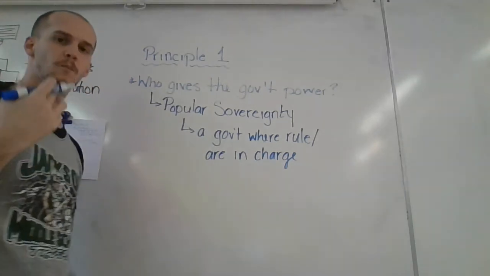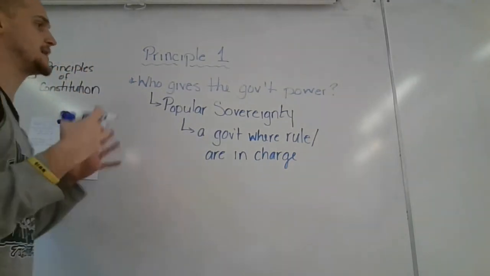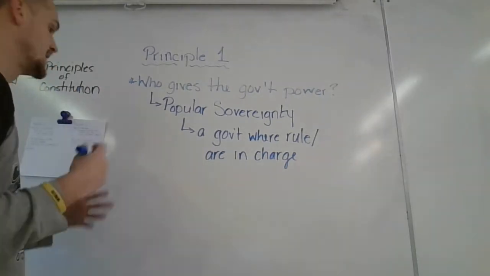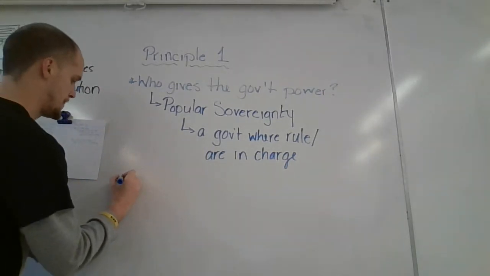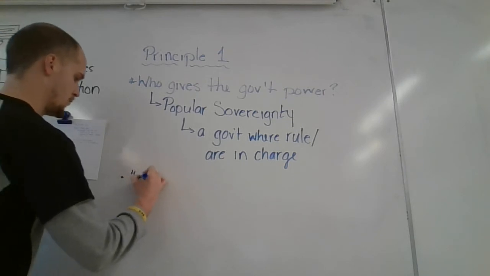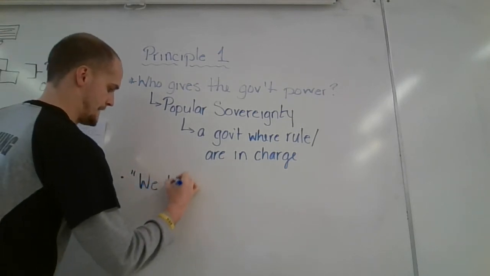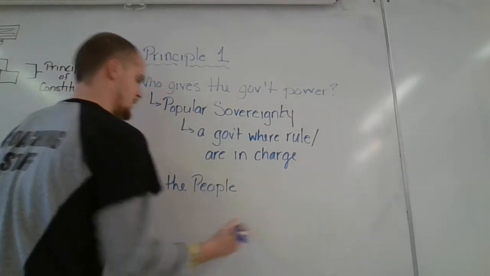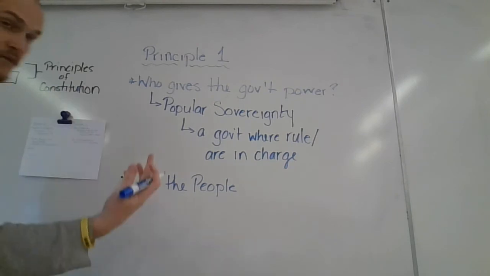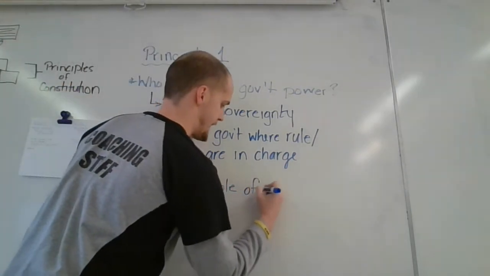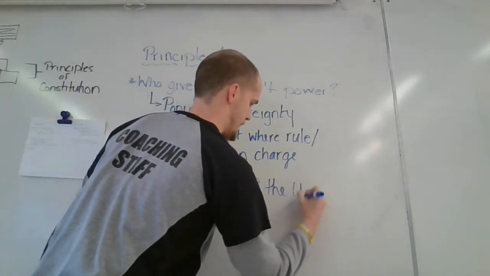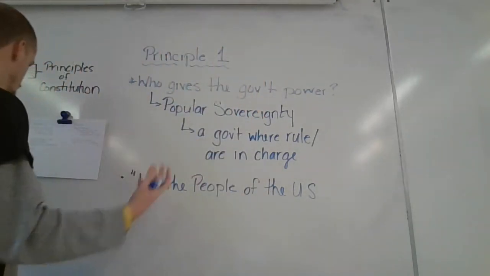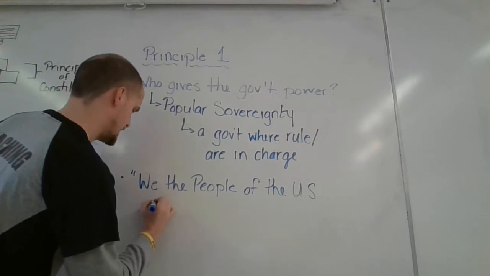So, Principle 1 of the Constitution documents and states that the people are in charge, the people are the ones that rule this country, and you see this in the preamble: we the people of the United States, and then if you keep reading on, it goes to establish this Constitution.